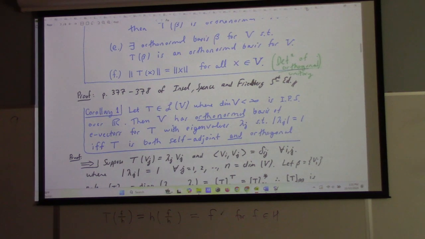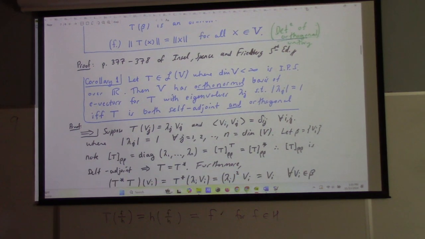All right. So self-adjoint gets you the existence of an orthonormal basis by the previous section. Orthogonal says that the eigenvalues all have absolute value 1. That was not part of the previous section. That's new.